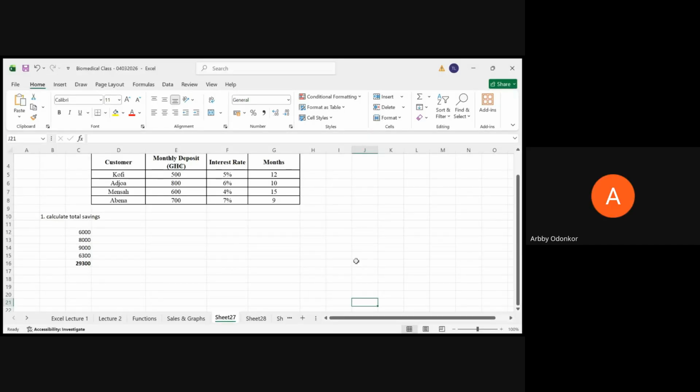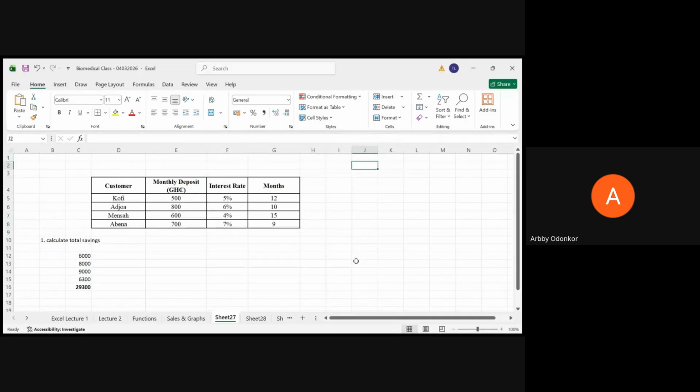So the point is that the columns and the rows, it depends on you. But just make sure that in your calculations, whatever column, you see Farida, her columns were starting from, I think, A or B, right? But my table is starting from D. So it doesn't matter where you start your table from. What matters is that you use the correct cell numbers.